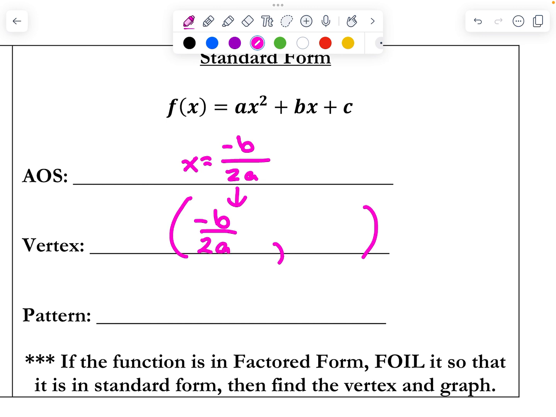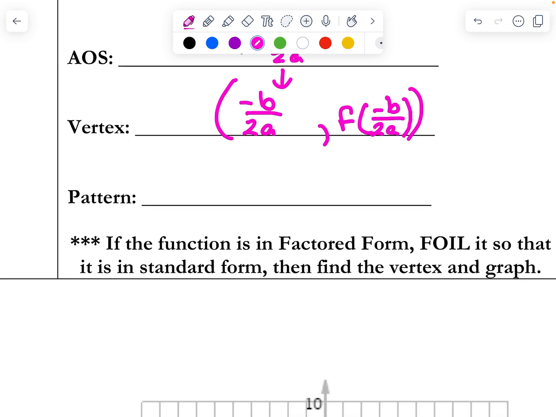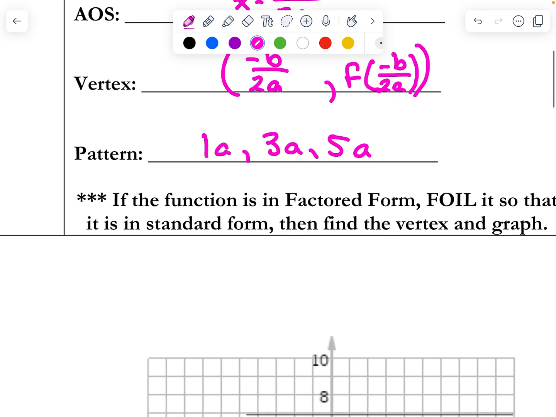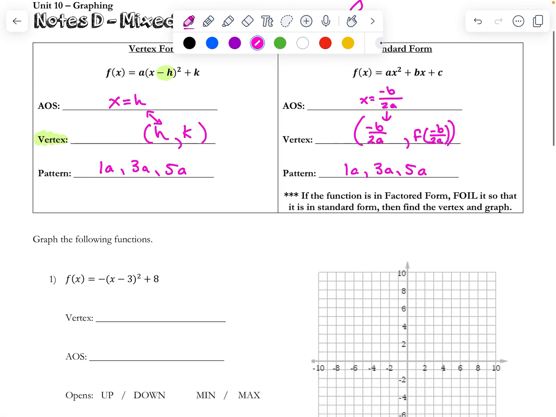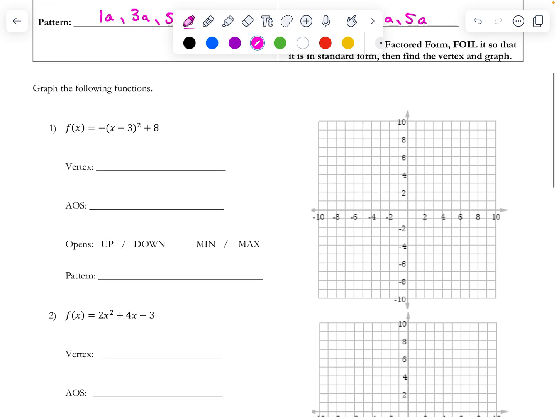And my y, remember that a way that we find the y is we say f of negative b over 2a. And that's just a way of naming it. That's just saying find the y when x is negative b over 2a. In my pattern, same exact thing: 1 times a, 3 times a, 5 times a. Perfect. All right, so let's start here.